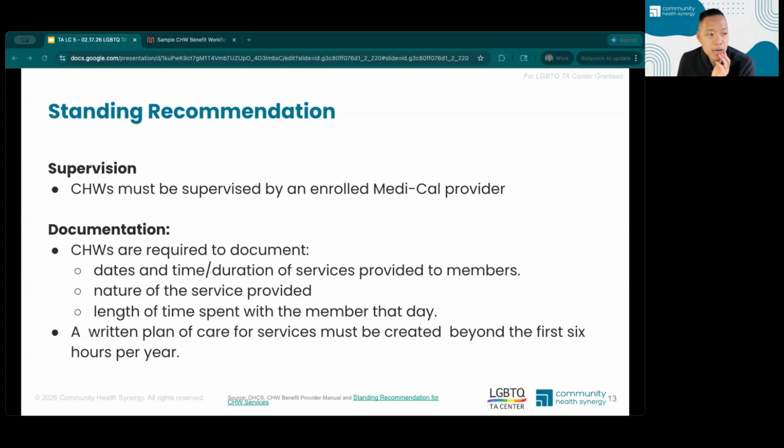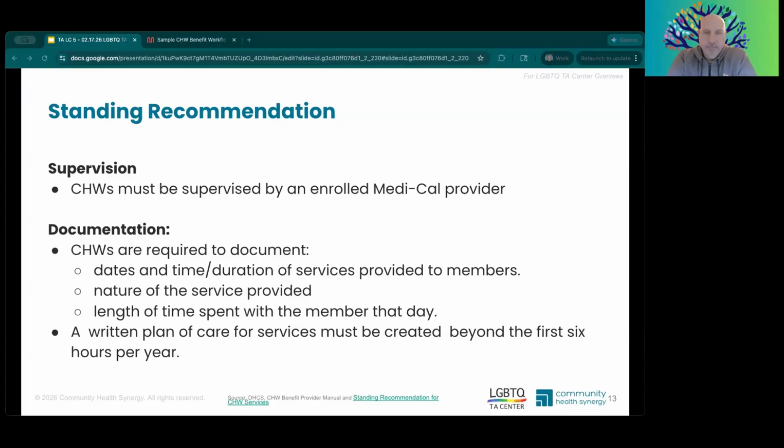The documentation requirements include the dates, time, and duration of services provided to the Medi-Cal members, and the nature of the service provided. Was it health education, health navigation, screening, or individual support and advocacy? There are just four buckets of a reimbursable CHW service. And the length of time spent with the member. So the frequency and the intensity of the services are really important to document.